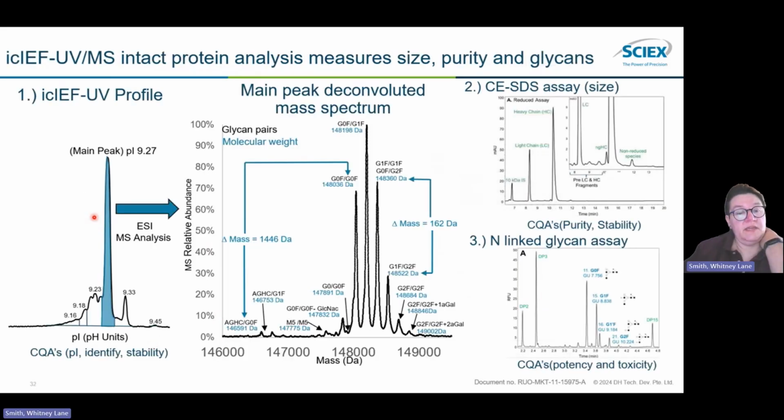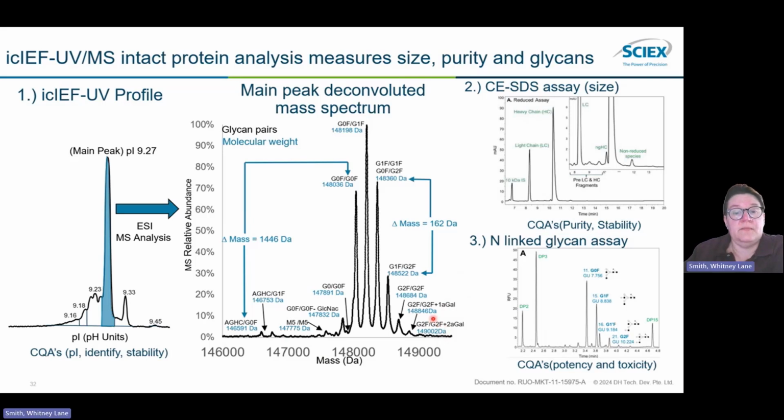So in the main peak, you can see the different glycosylation patterns. You have your PI values in the UV region. We can identify aglycosylated all the way up to multiple glycosylation and variants of glycosylation.